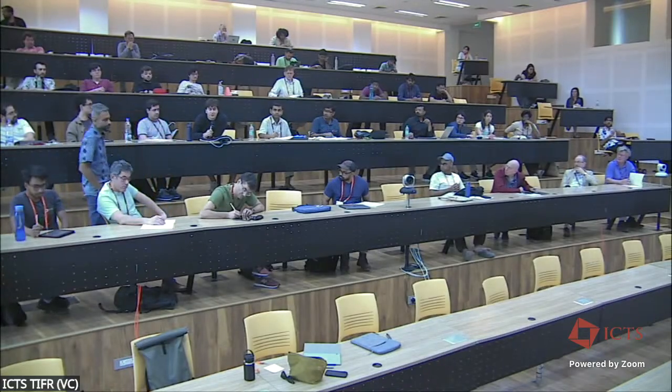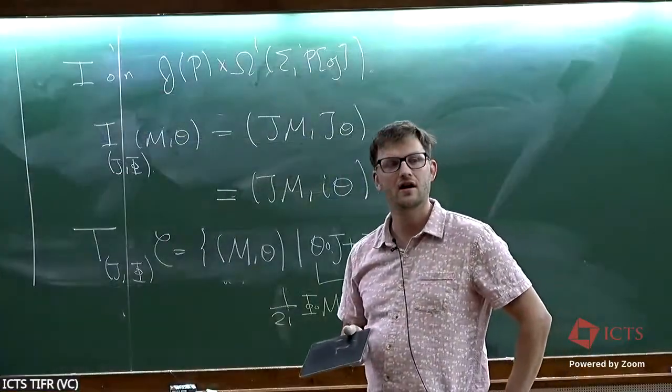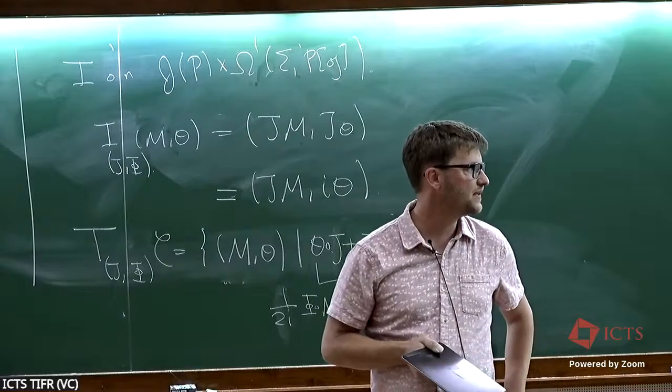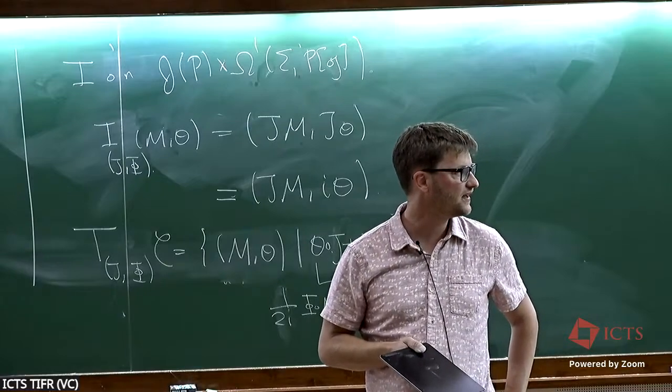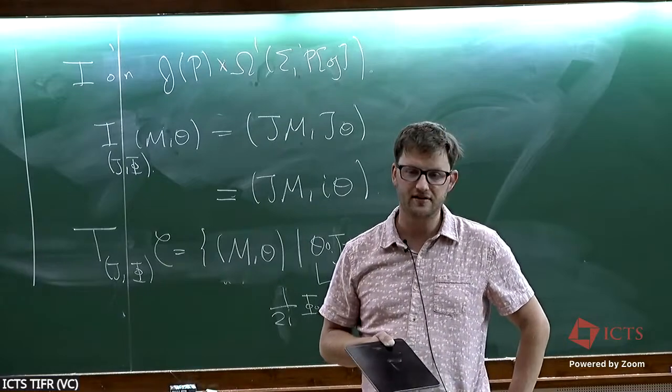I guess you didn't get to the definition, but the map theta, do you have a geometric interpretation in terms of, say, harmonic maps? In terms of harmonic maps, no. Okay, I mean, kind of, I guess. So what is theta?